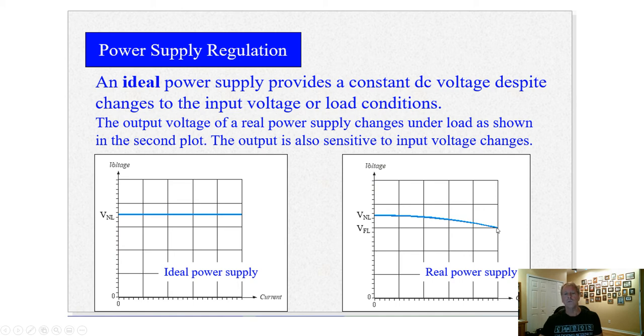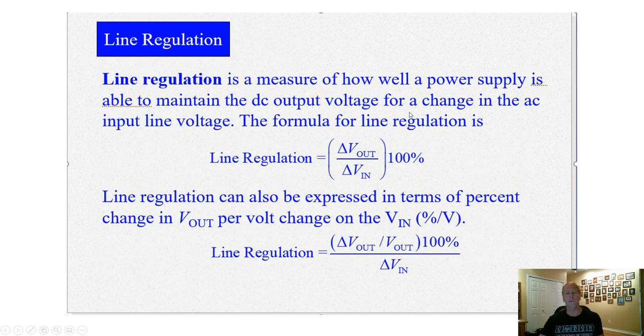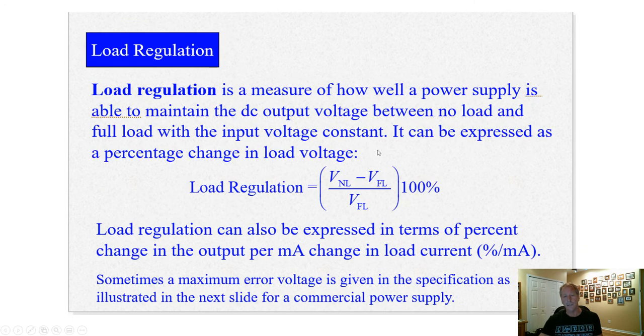Line regulation refers to the input, basically how well the output voltage stays constant with a variable input voltage. So it's delta V out over delta V in times 100%. That's the line regulation formula. You can also express it as V out per volt change of the V in percentage, and that's this formula down here.